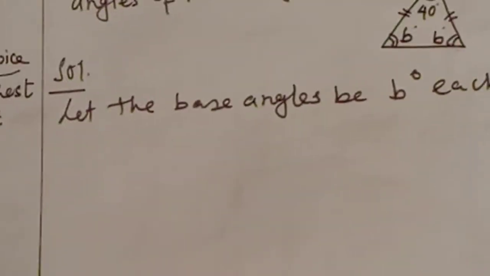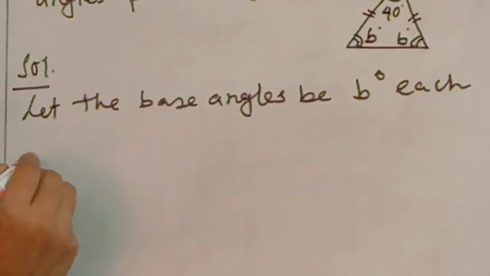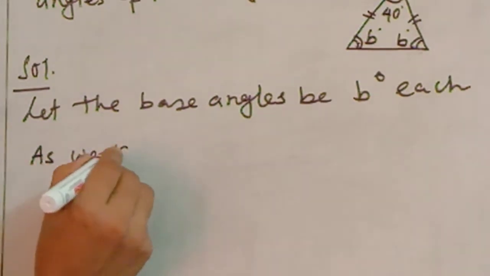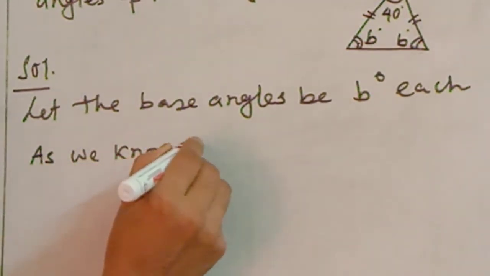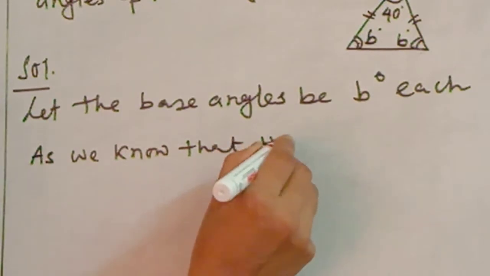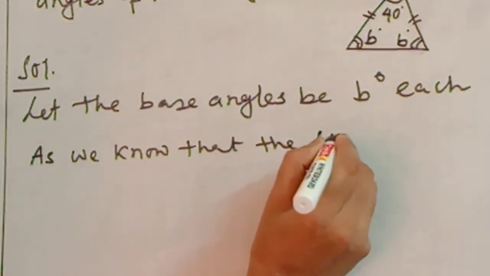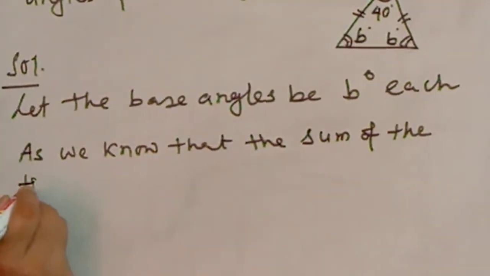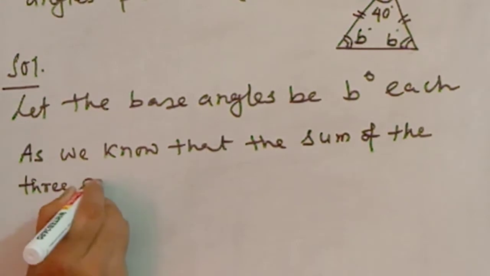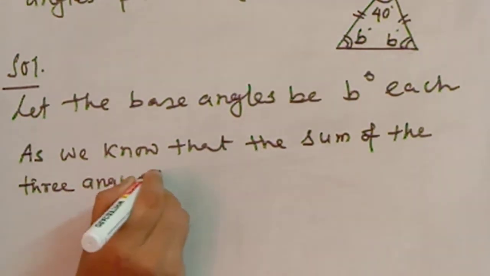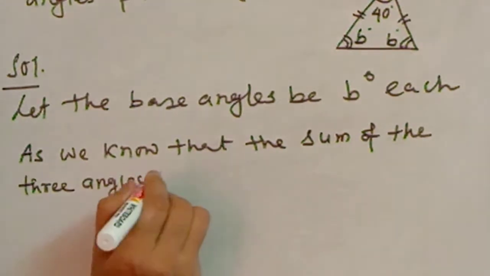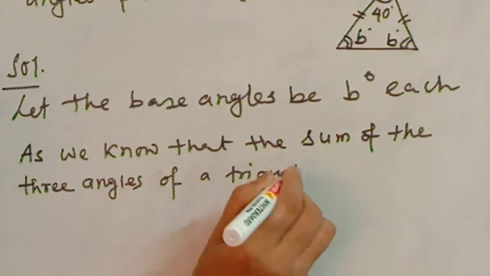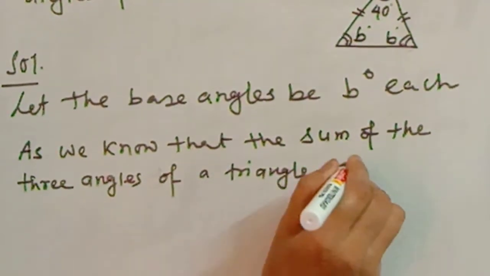Therefore, as we know, the sum of the three angles of a triangle is equal to 180 degree.